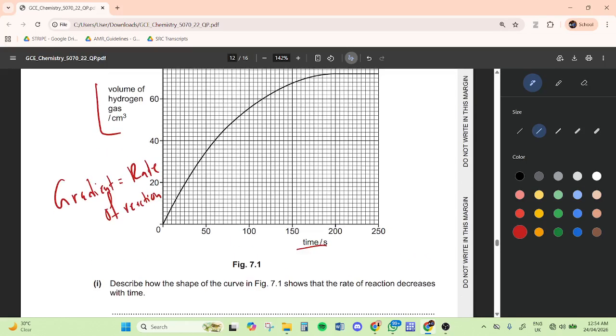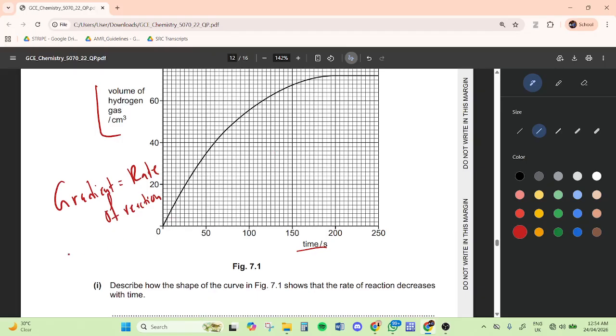So if you have a decreasing gradient, then that means that the rate of reaction is decreasing. And if it's increasing, then it's going to be the opposite.